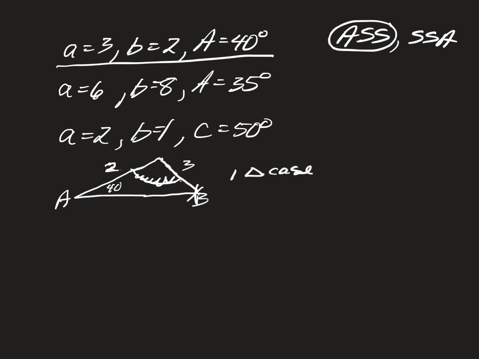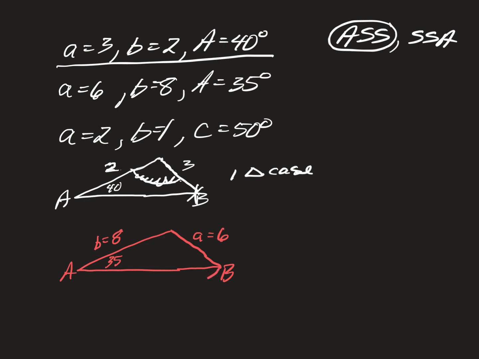So let's look at the next one. Same thing. We draw angle A. Now, angle A is 35 degrees, okay? And again, we know side A is over here, and it's equal to 6. But side B is equal to 8, okay? So now let's look at it. Here's side B. Angle B will be over here now.